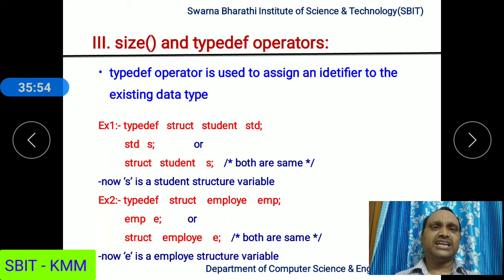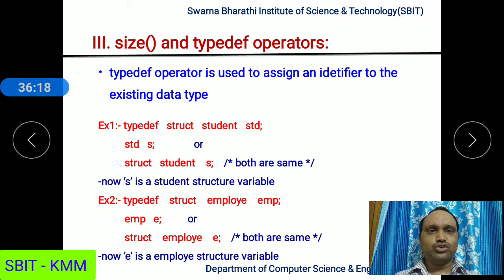Similarly, if you feel that any existing data type name is very long and difficult to pronounce, like unsigned long integer, you can assign another name to that data type. And from now onwards you can call that data type with your new name.